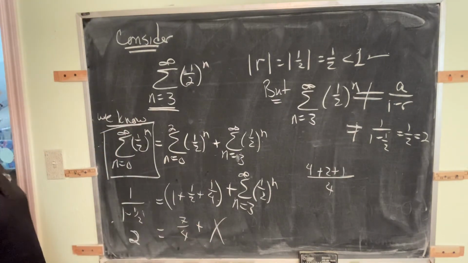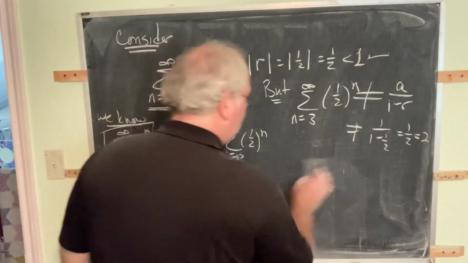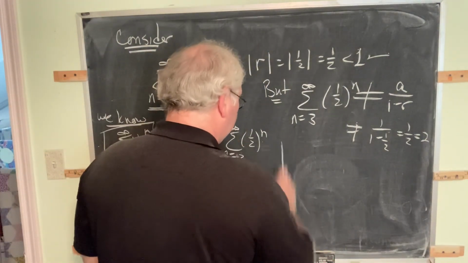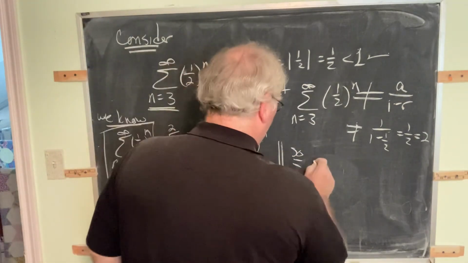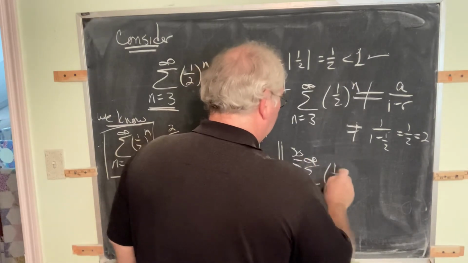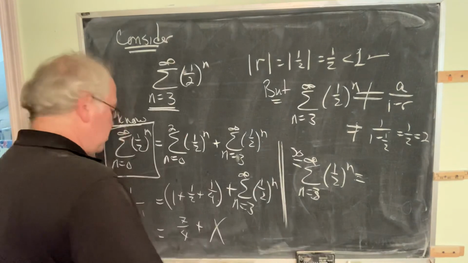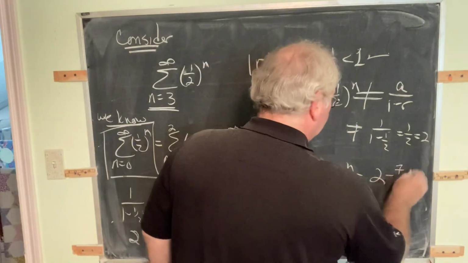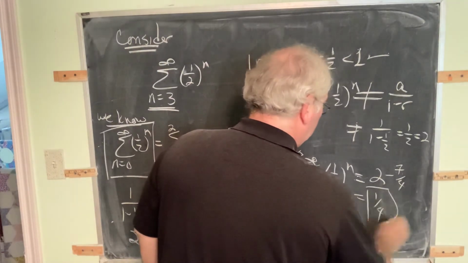Subtract 7/4 across. So we know that our value x, the sum we're looking for, is given by 2 minus 7/4. What's that? 8/4 minus 7/4, that's 1/4.